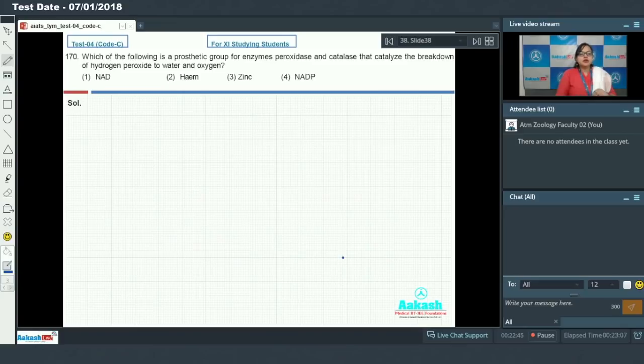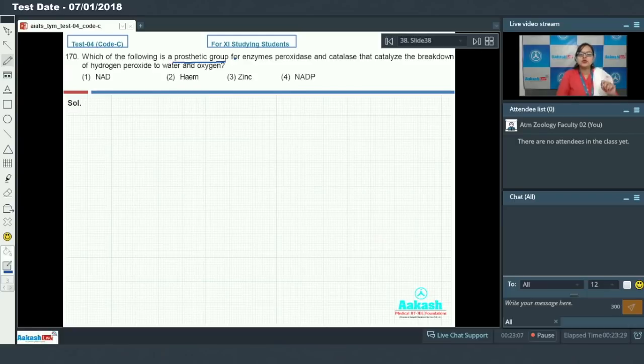Question 170. Which of the following is a prosthetic group for enzymes peroxidase and catalase that catalyze the breakdown of hydrogen peroxide to water and oxygen? So prosthetic group, you all know that it is a type of cofactor. They are organic molecules which are tightly bound with the apoenzyme.